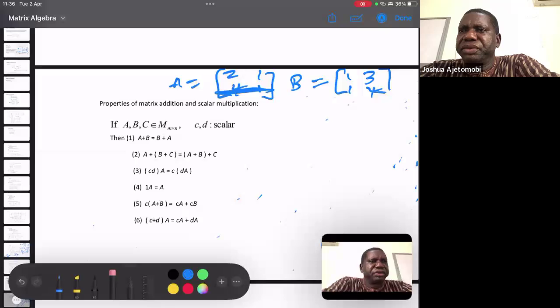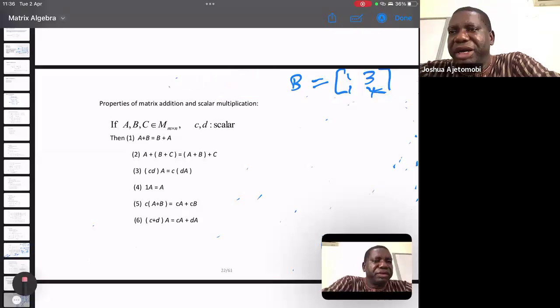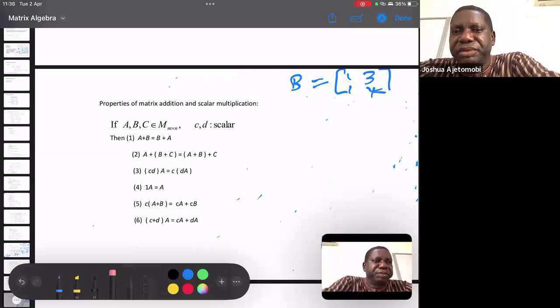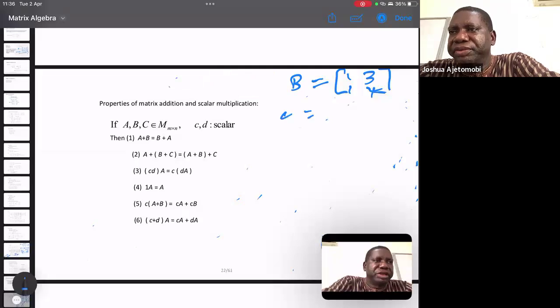So let's illustrate that with this matrix B. Let's pick our C to be 2 and our D to be 3. So C plus D will give us 5.